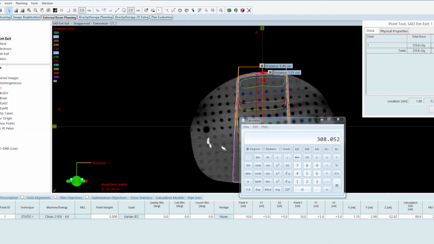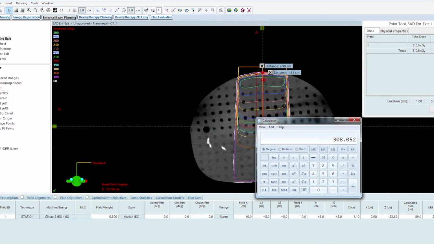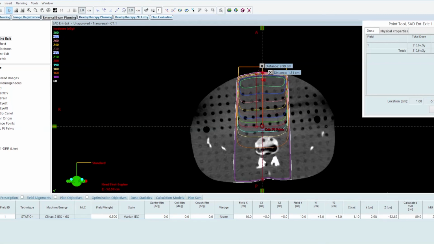Now, if you remember from week 2 on the SSD setup and exit dose, there's either the 2-step method or the 1-step method. It's the same concept, except we're using tissue maximum ratios instead of percent depth dose. And then you also have to factor in an inverse square component, because on the opposite side for the exit dose, this point is going to be further from the source.